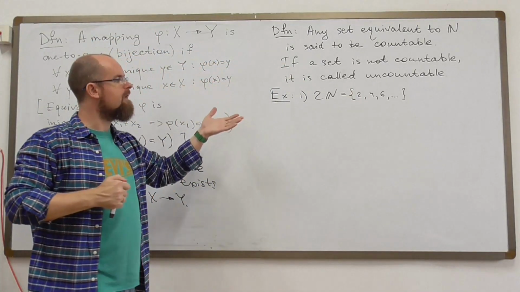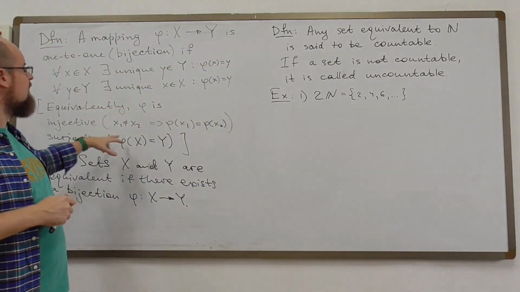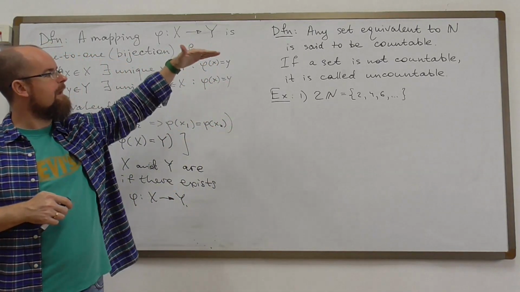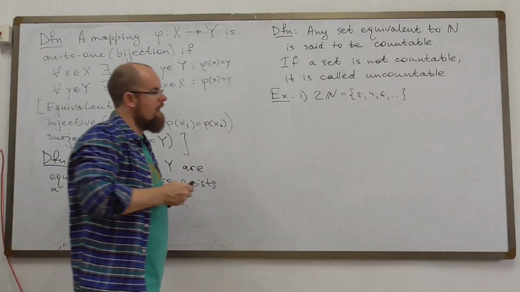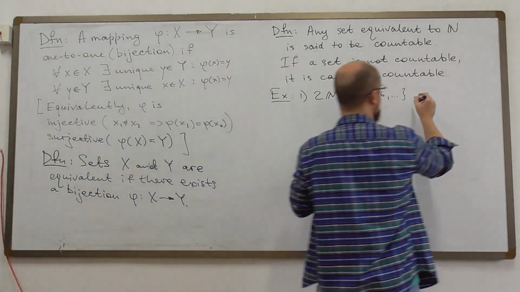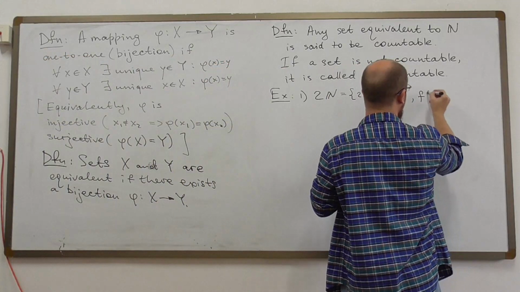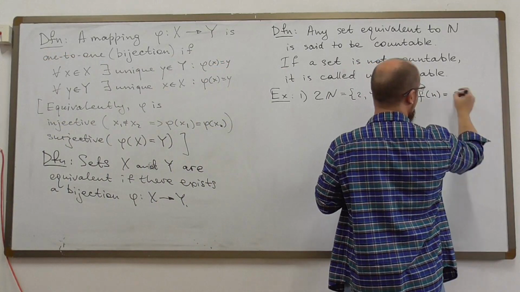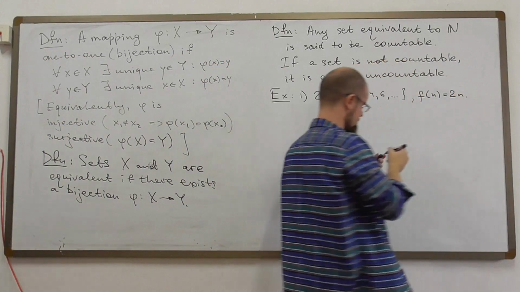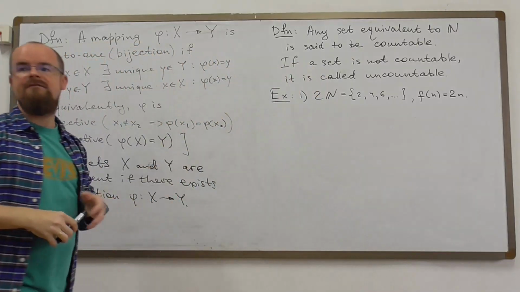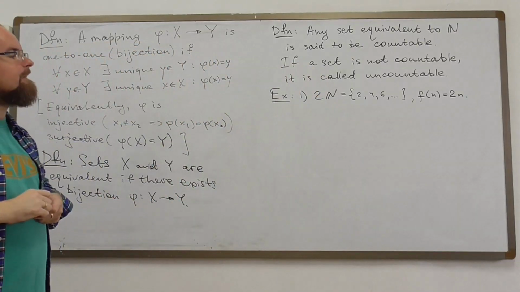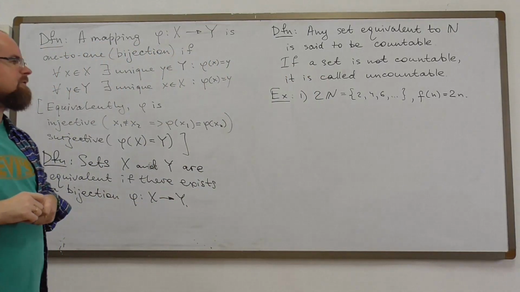To prove that they are equivalent, we need to construct a bijection from the set N to the set 2N. And it's not very difficult. This bijection will be f of n equals 2n. It is fairly straightforward to verify that it is in fact a bijection.